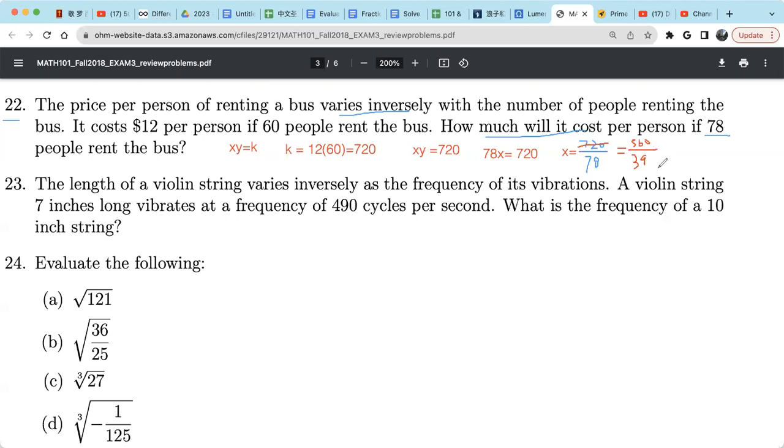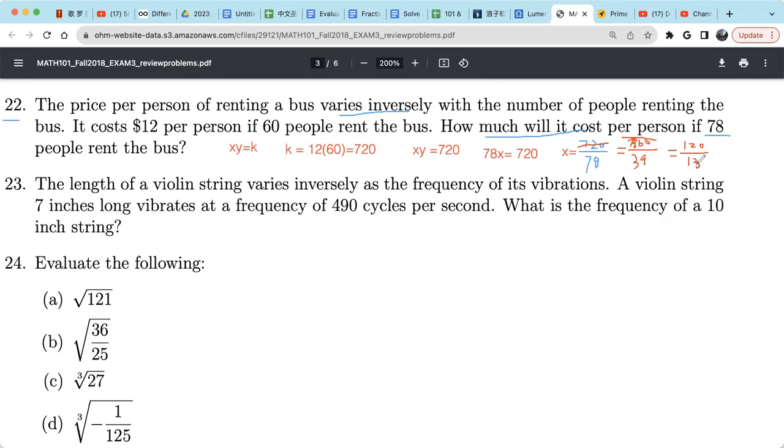Right. Then we see this, can this be divided by 3? No. Oh, yes, because this is 360. So we divide by 3. We get 120 for the numerator. 360 divided by 3, 120. Denominator 39 divided by 3, get 13.